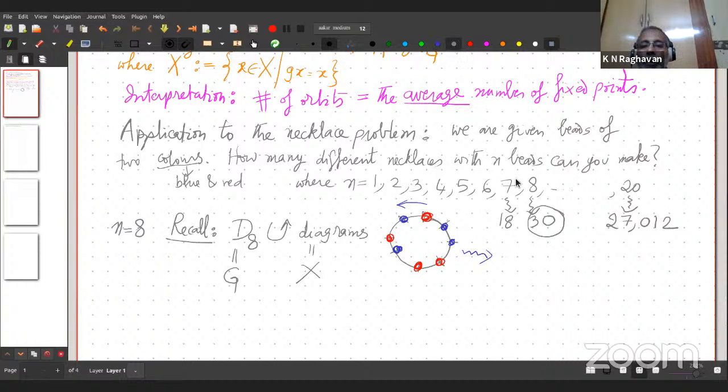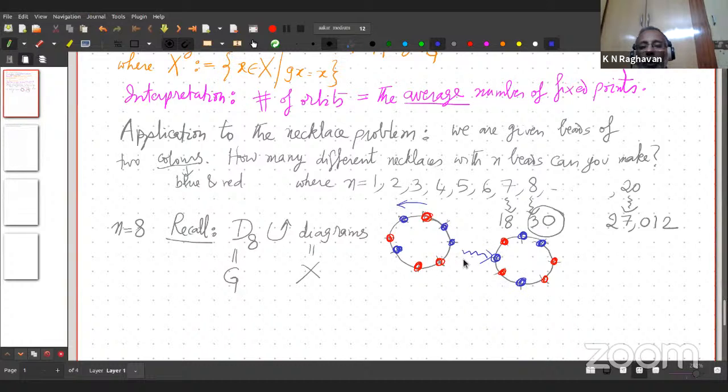So I have the string and I have these positions, and this red bead will move here. So this becomes red, this will move here, this will move here. Everything will be shifted by 45 degrees. Okay, and the rest are blue. So this moves here, this blue will come here, this blue will move here, and this blue will move here.